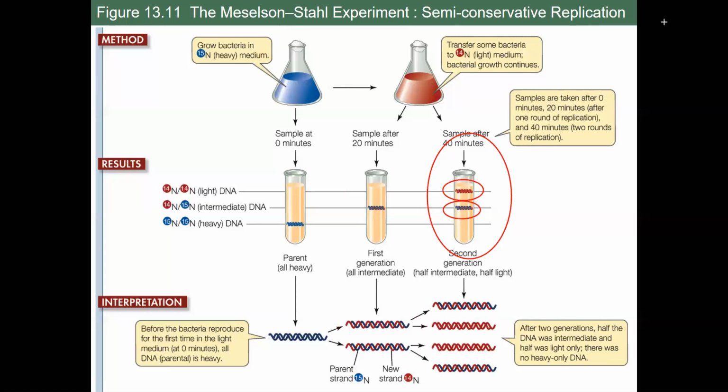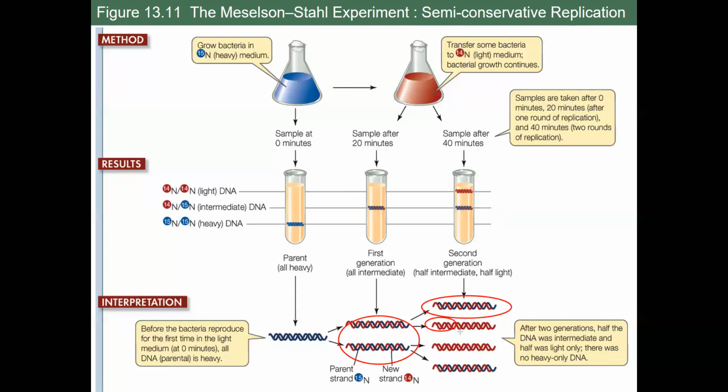They deduced that as the original DNA from the previous generation replicated and split, each one created a strand with the nitrogen-15 template and a nitrogen-14 complement.